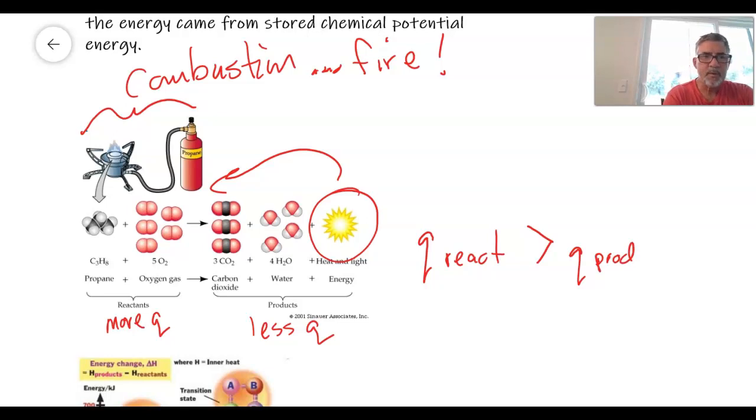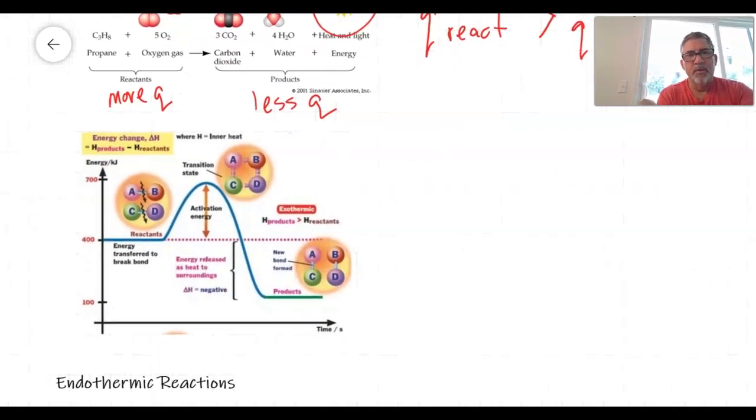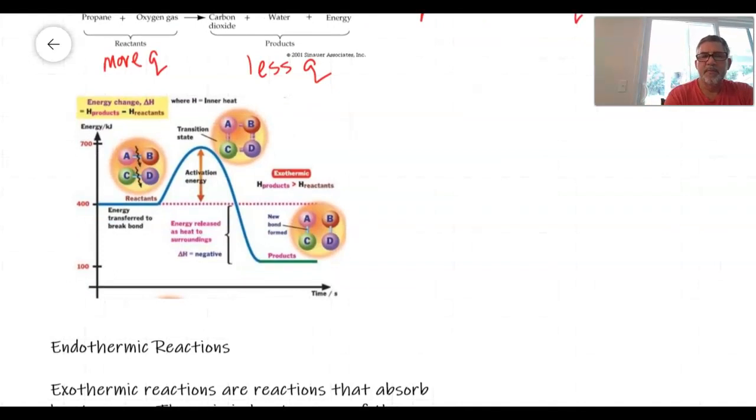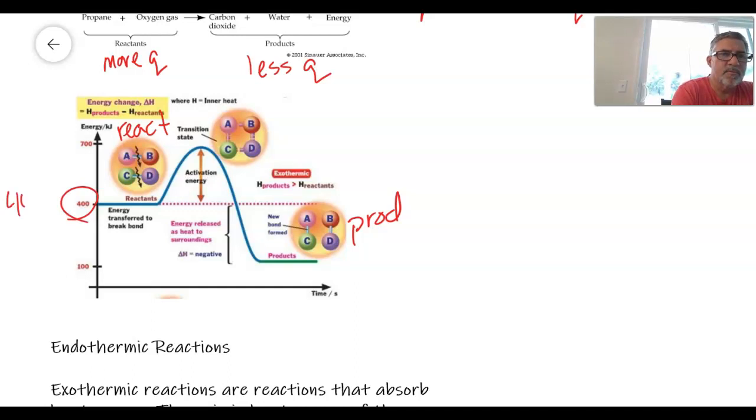Okay? All right. So another way to look at it, here's a reaction graph, right? So here I have reactants, and here I have products. Okay, so my reactants start at about 400 joules, or this is probably kilojoules.